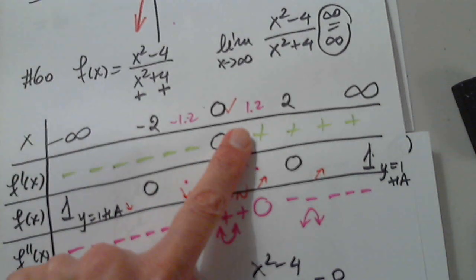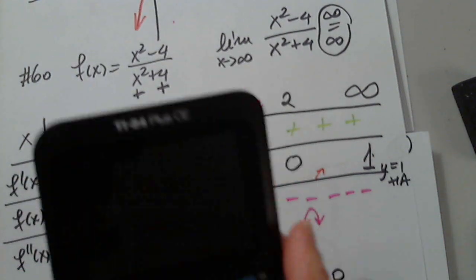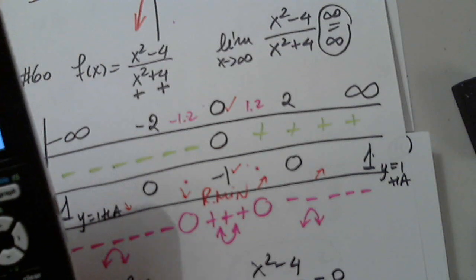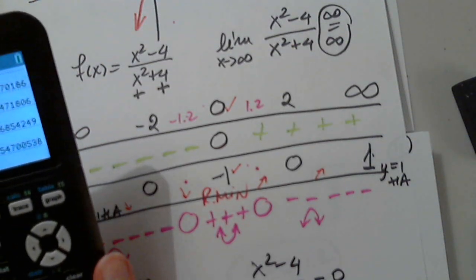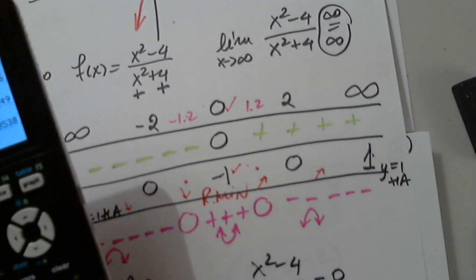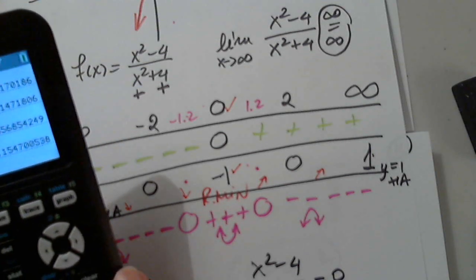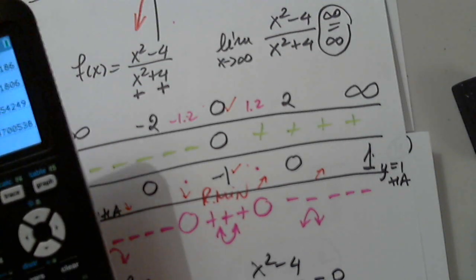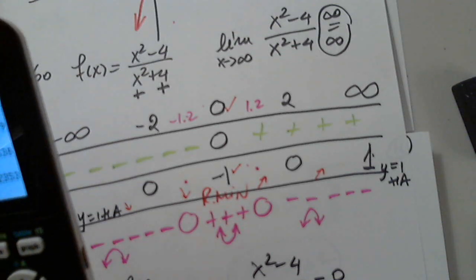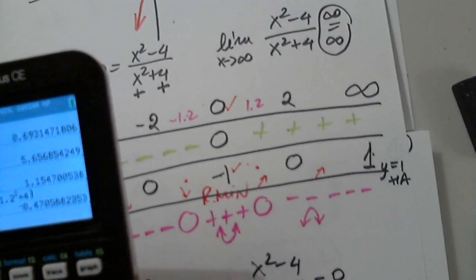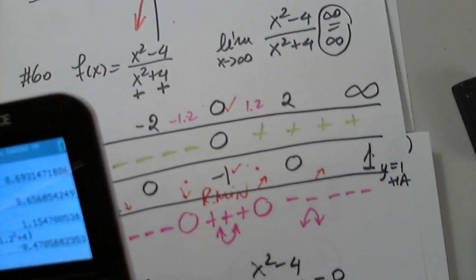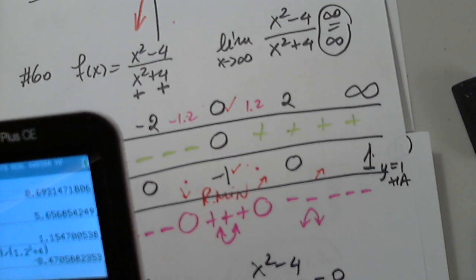So let me just plug this in into x squared minus 4. I only need to plug in 1.2. So the numerator, 1.2 squared minus 4, and divide by 1.2 squared plus 4. So both numbers, yeah, they couldn't be more difficult to plot. -0.5.